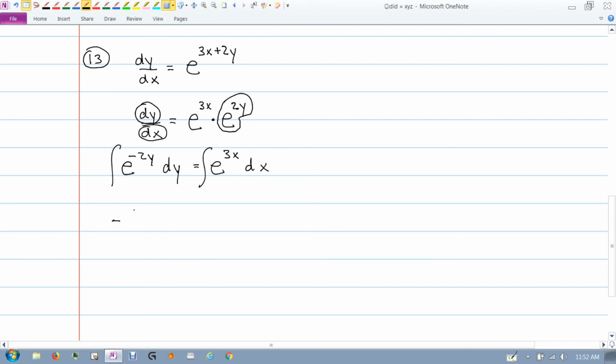So we should get negative 1/2 e to the negative 2y is the antiderivative of this guy. You might have to do a little substitution. Okay, I'll do this one just for this one. All right, I really am anticipating you know how to do this, but just to be sure. So I make a basic u substitution. u is negative 2y.